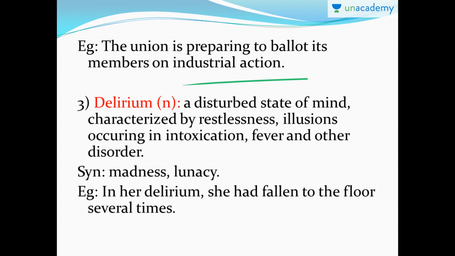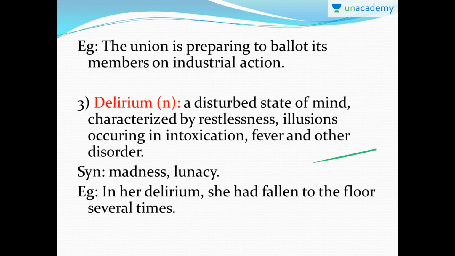And illusions, I think we all know, means it does not exist in reality, but you think it's happening. These occur when you're intoxicated, which means under the influence of alcohol or drugs. Sometimes when you have a very extreme fever, you get restless and you get illusions, and other disorders. That state of mind is called delirium.